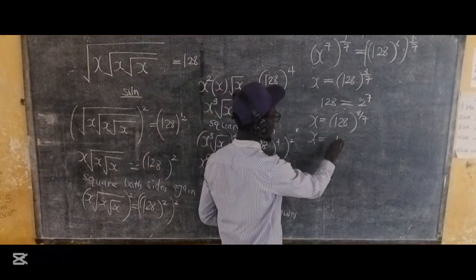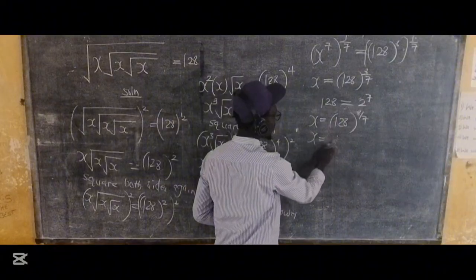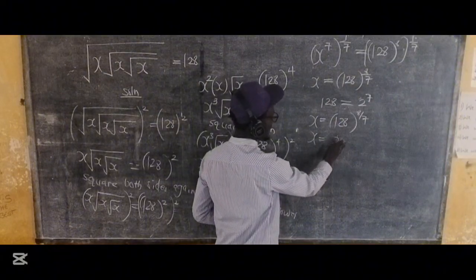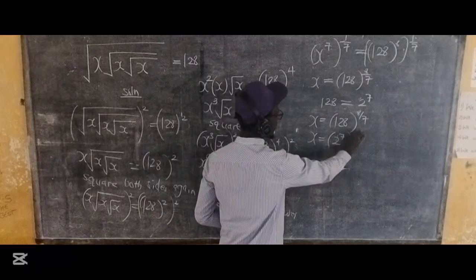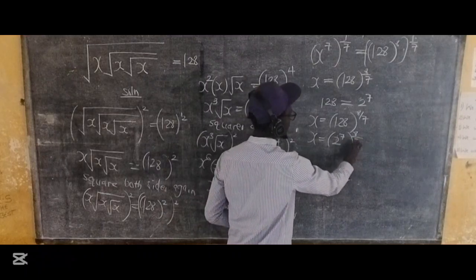Now, this becomes x equals, instead of 128, we use 2 raised to the power 7, then we raise it to 8 divided by 7.